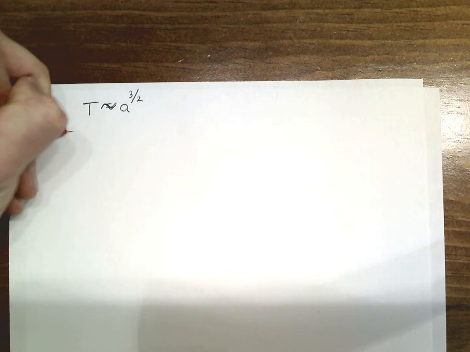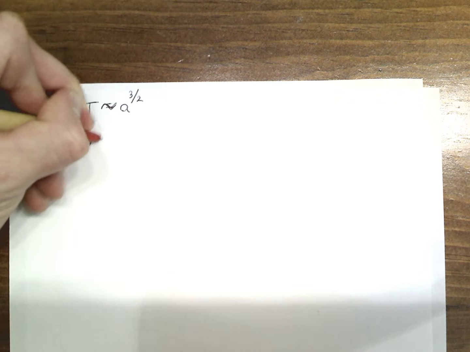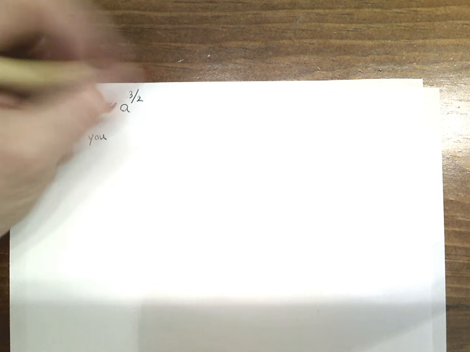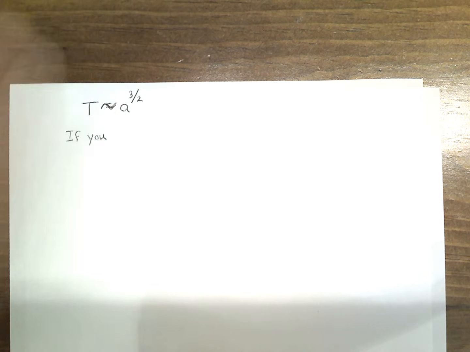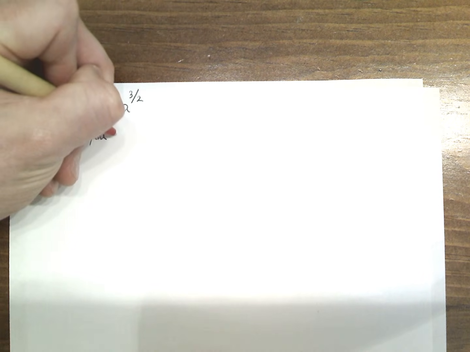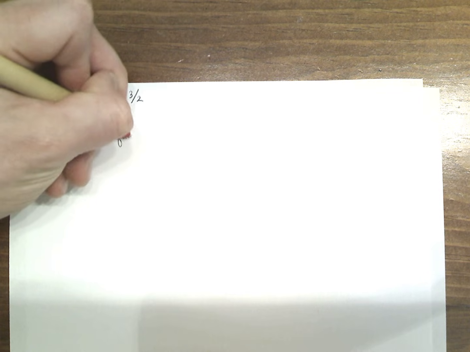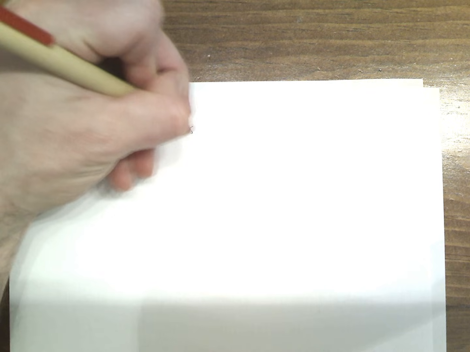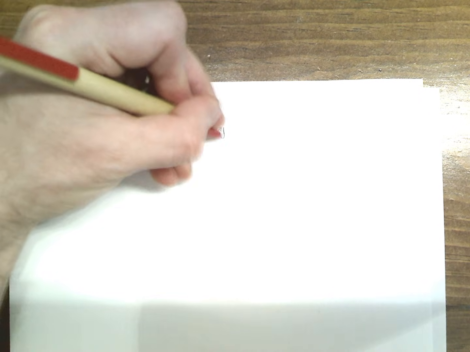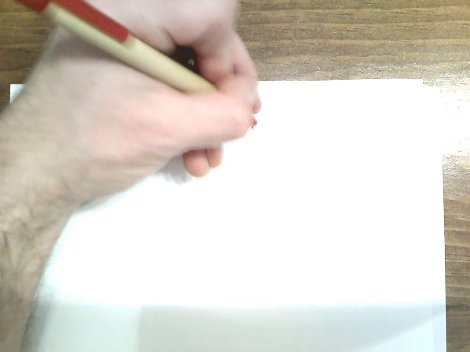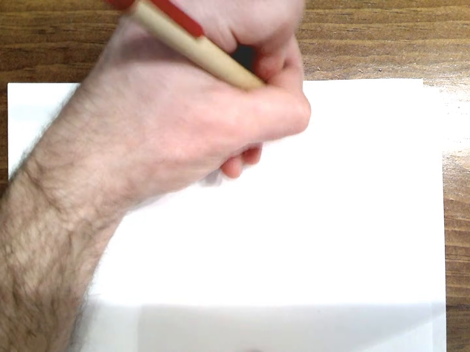So we can ask, if you quadruple the semi-major axis, or a much bigger orbit than we were, what happens to the period?